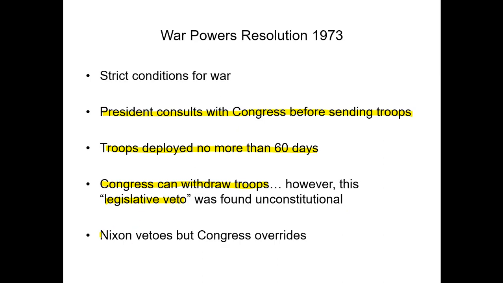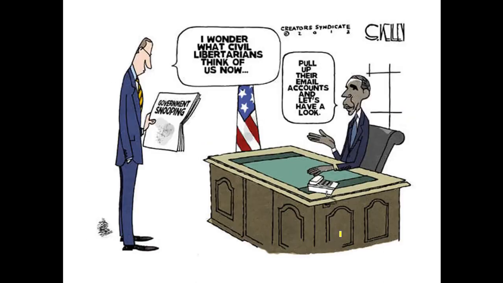Nixon, of course, vetoed that in order to maintain his ability, or a president's ability, to conduct this as he saw fit. But Congress did override Nixon's veto. But as I said, this War Powers Resolution has been virtually ineffective since.